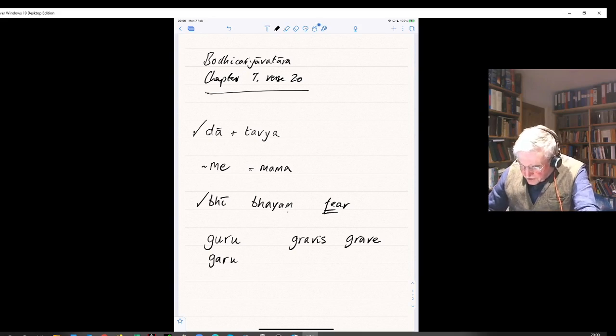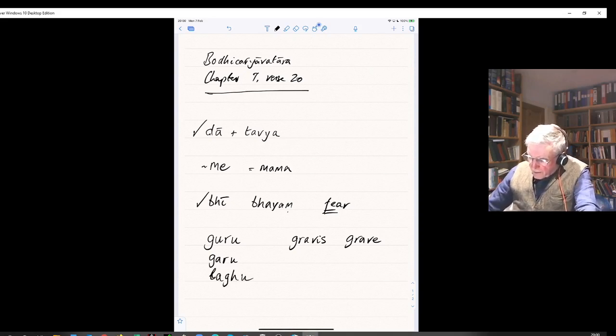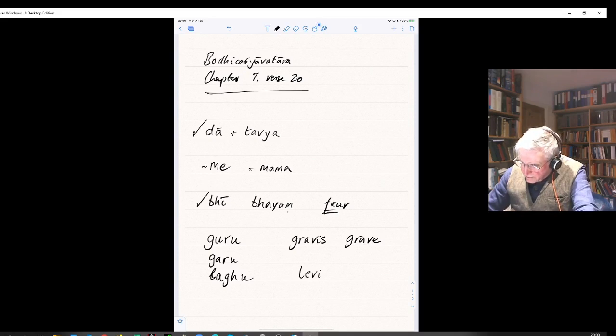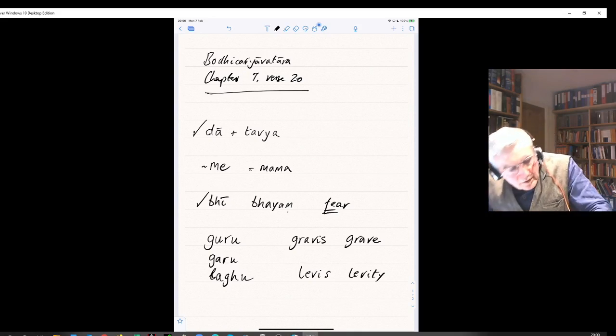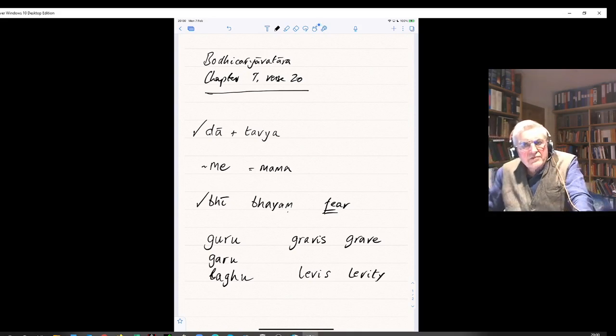The opposite of garu is laghu. And laghu, we have levis in Latin, meaning light, and we have in English levity, meaning light-heartedness, but often used in a bad sense of treating things in a frivolous way when you shouldn't, is just behaving with levity.